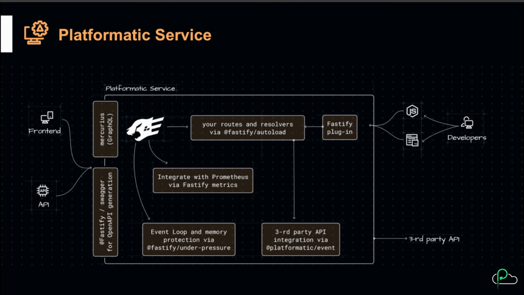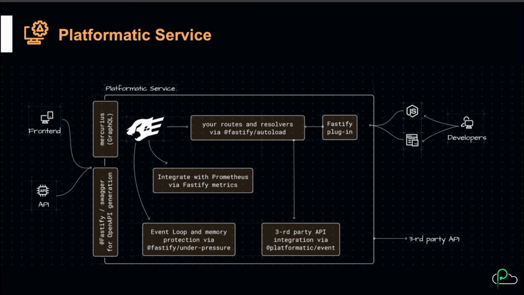Platformatic service is a basic microservice based on top of Fastify that has all the things that you need already built in. It's super straightforward to use. It already has Fastify autoload.